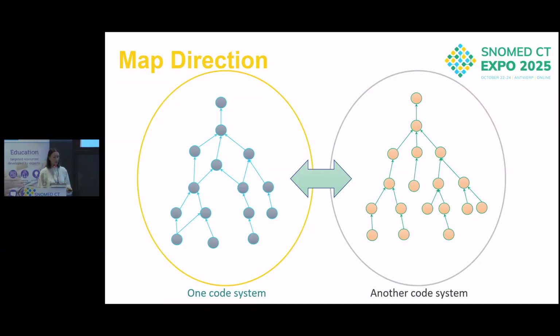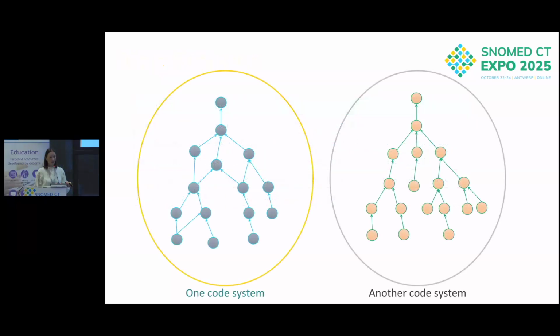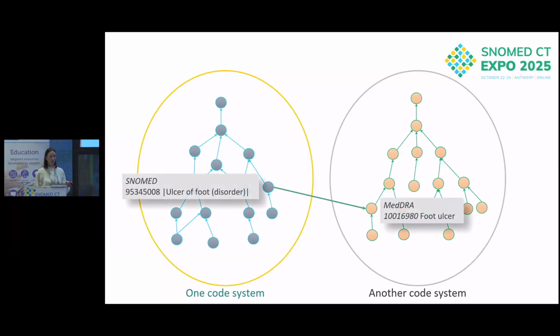This is why you need to be really clear for people of which way you use your maps. Okay, so this is what Anna was saying in terms of the map patterns, which way you can go. You can have lots. You can have the one-to-one, where one source code is mapped to another, one-to-many, many-to-one, one-to-none, many-to-many. If we have a look at this example, you've got one code system to another, which might be your SNOMED ulcer of foot, goes to foot ulcer in MedDRA.